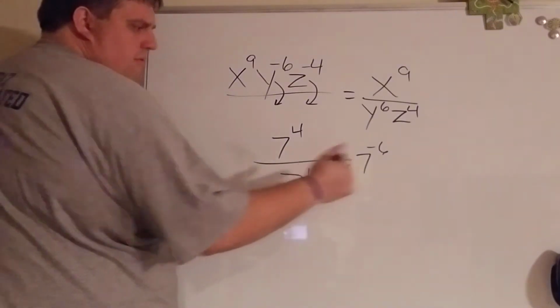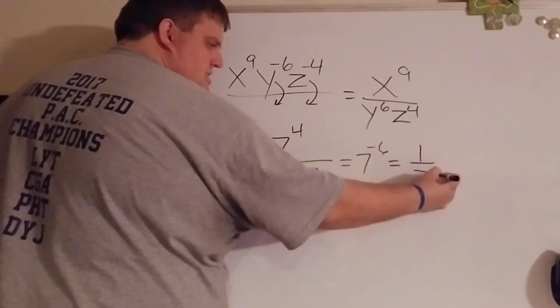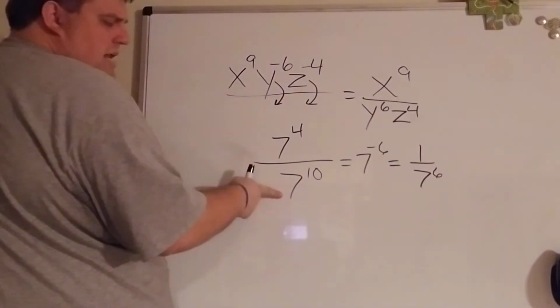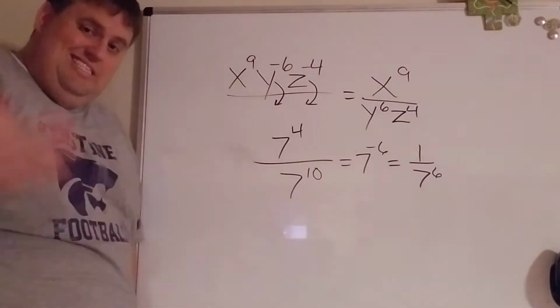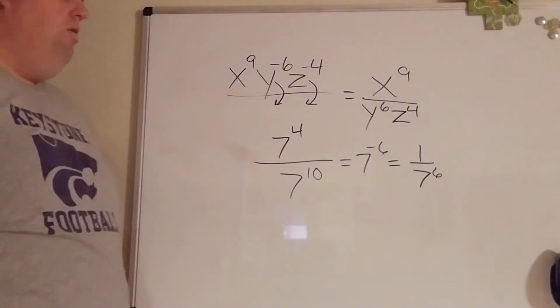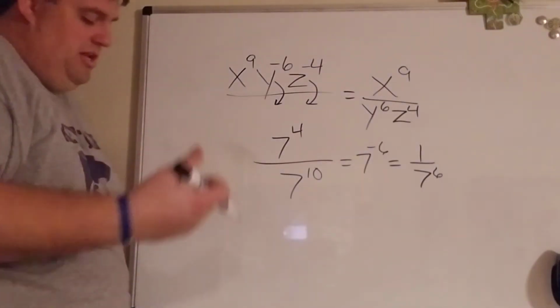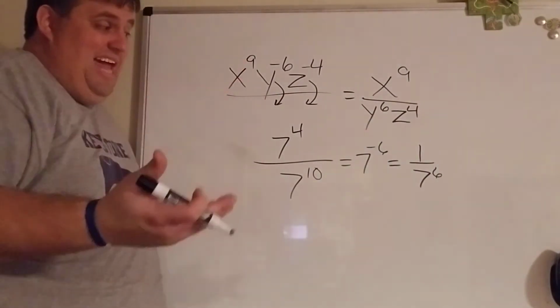And notice that that would have to then simplify and go 1 over 7 to the 6th. So it makes sense that there's more 7s here on the bottom. Our 7s are going to end up on the bottom, right? There would be 6 7s on the bottom. Or the ones where we divided and there was something on the bottom, it's just going to stay on the bottom. That's because it had a negative exponent.